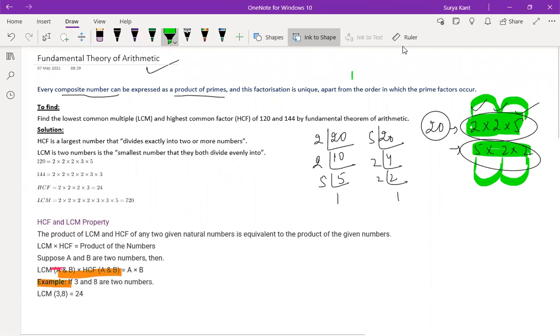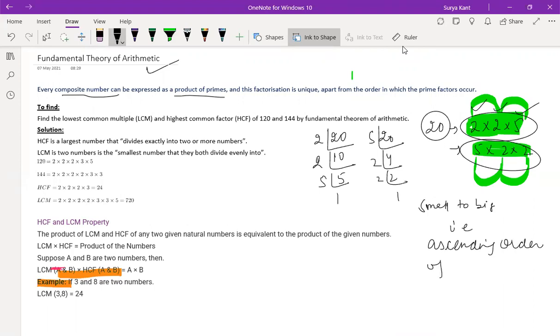So here the fundamental theorem says that we have to write from small to big number, that is, in ascending order of prime factors. If everyone writes in ascending order of prime factors, then both factorizations will come the same.